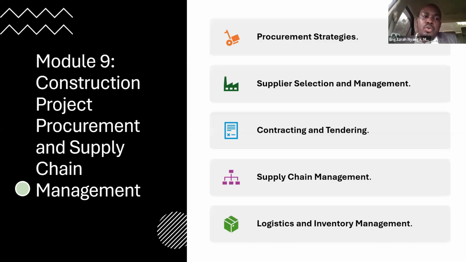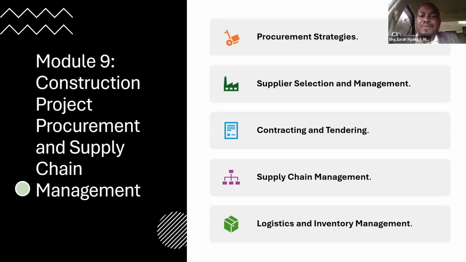That gives us the leeway to go to Module 9, construction project procurement and supply chain management. We need equipment. We need materials. All these have to be sourced from somewhere.